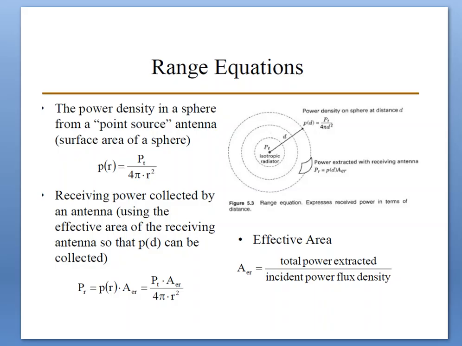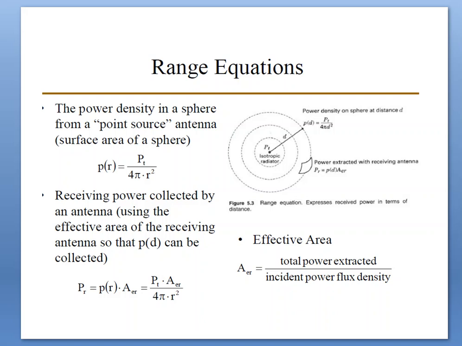The power density P of d on a hypothetical sphere at a distance d from the source is related to the transmitted power PT. PT is the transmitting power that can be delivered by the transmitting antenna.